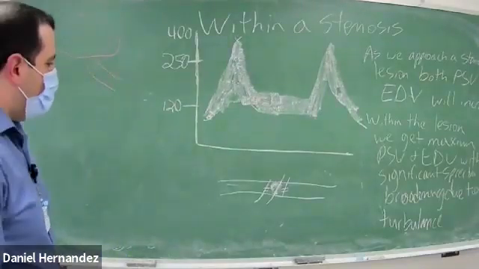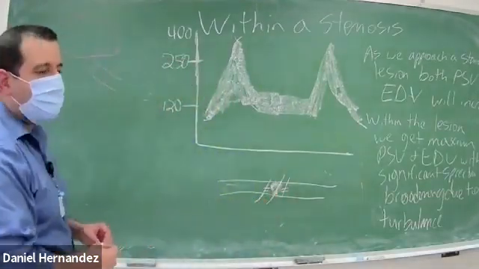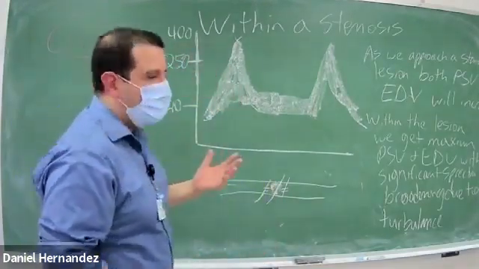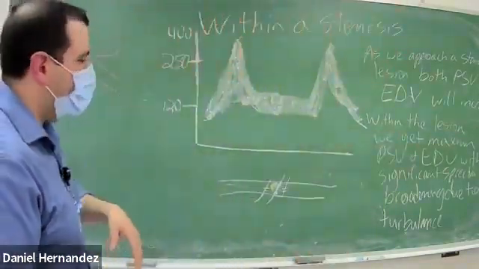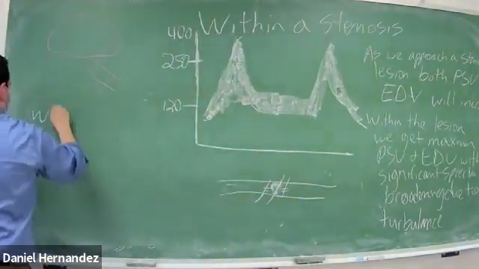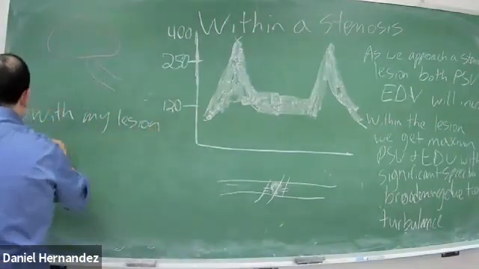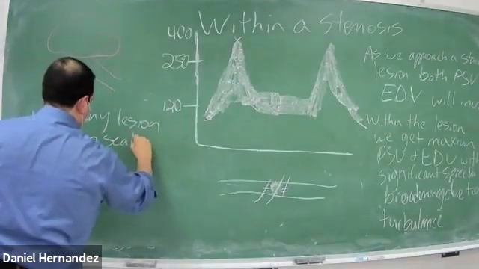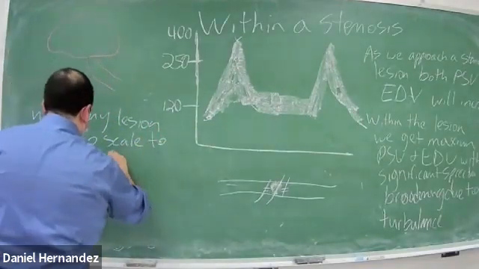Then as we progress through our stenotic lesion and we're sampling, looking for those highest velocities, you're going to take multiple samples. When you have these really high velocities, I always like to turn my scale all the way up to get rid of as much of the aliasing as I can. So within my lesion, turn up scale to reduce aliasing.